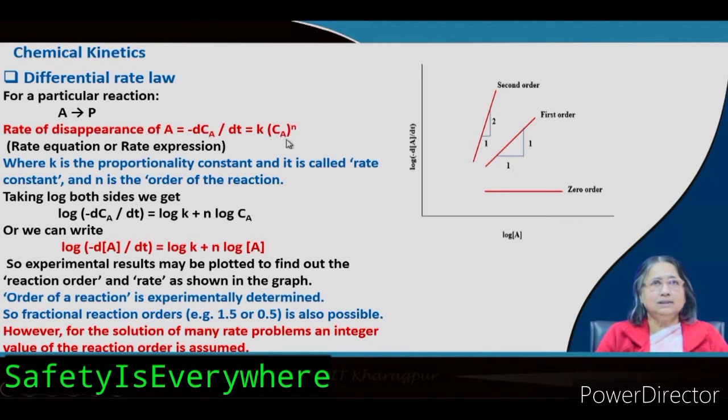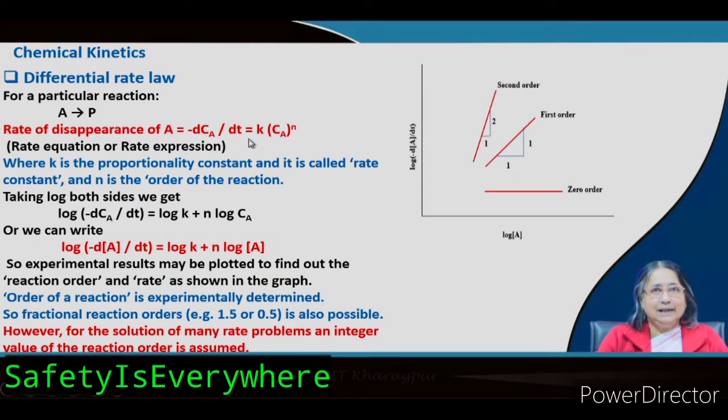You know that concentration can be expressed in two different ways. One way is with the concentration of A as a subscript. Another way is within square brackets. So the rate of disappearance of A is nothing but k times CA to the power n.